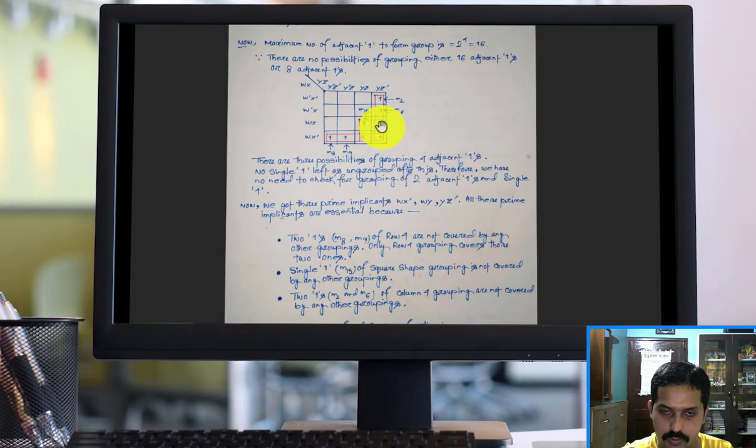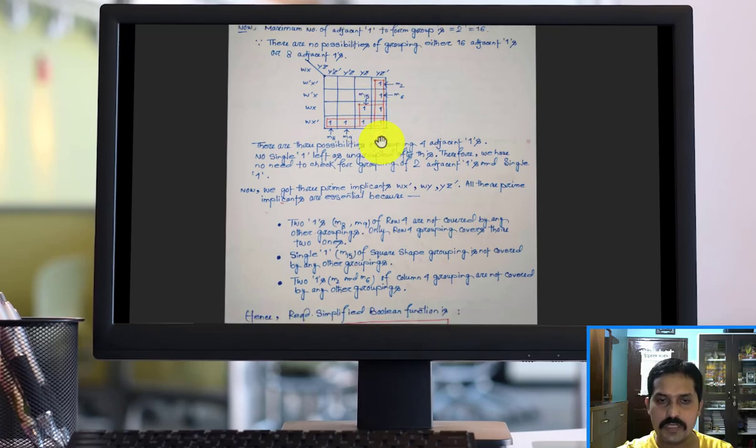But this one belongs to two groups, these two ones belong to two groups, and this one belongs to more than two groups, means three groups. So you only consider single ones which belong to only one group. These are known as prime implicants, right? Now we have to find the essential prime implicants.